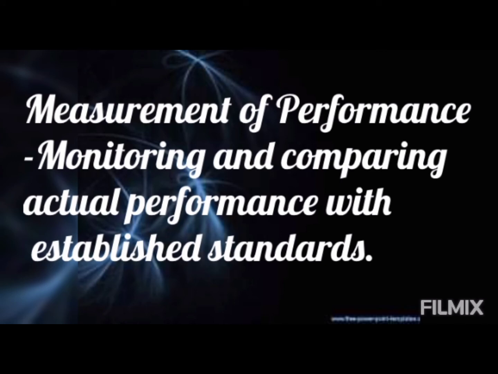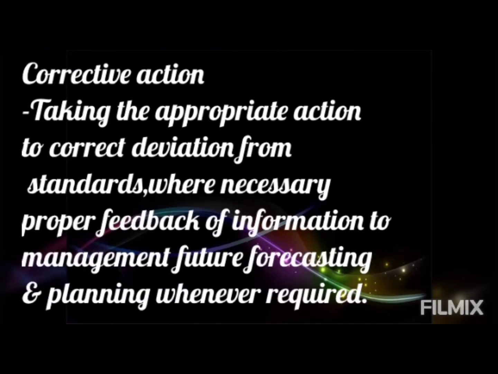Measurement of performance is monitoring and comparing actual performance with established standards. Corrective action is taking the appropriate action to correct deviation from standards where necessary, with proper feedback of information to management, future forecasting, and planning whenever required.